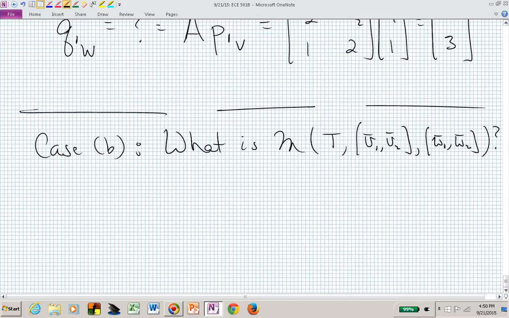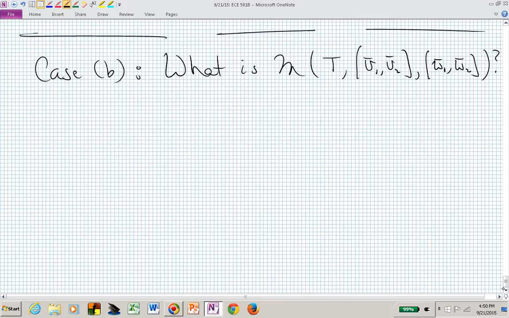If we do the same process that we just followed, we want to know how do we find the result of TV1 bar in terms of W1 bar and W2 bar.